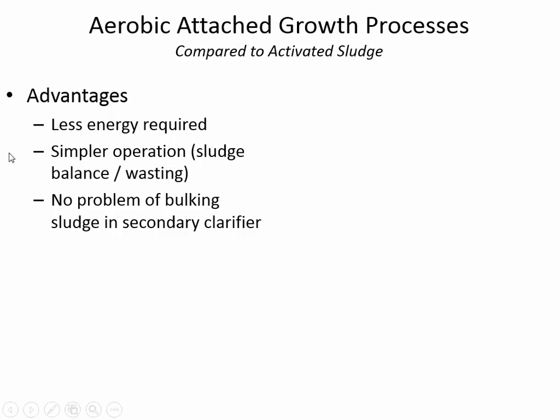It's also simpler because one of the things, it's a point of flexibility in activated sludge that the operator is able to, through wasting of the sludge, control the concentration of mixed liquor in the aeration basin. And so the operator is trying to decide each day, what do I want my solids retention time to be?